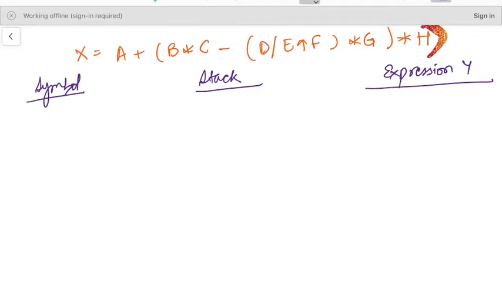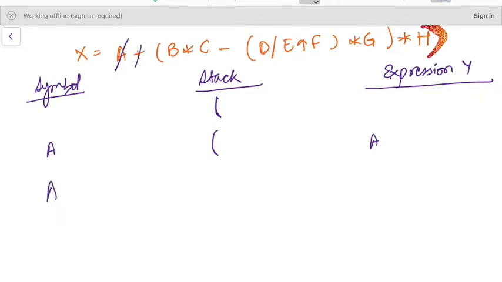I told you that there should be an opening brace in the stack. So the rules are as follows. Whenever the symbol is an operand, just move it to the expression. So the stack is like this and the expression is a, and then there is an operator.